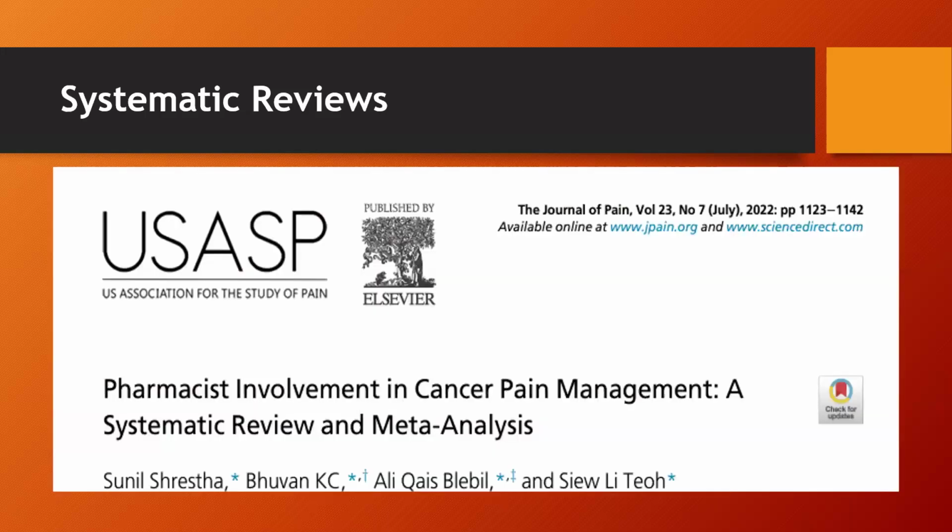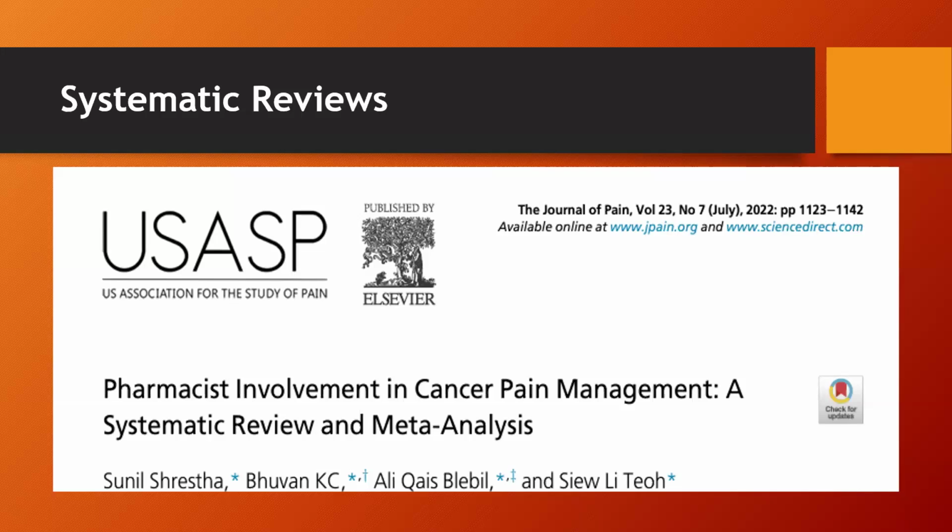In the next slide, I'm giving one example of the systematic review and meta-analysis that I have done in my PhD. Here, my research question was: what is the involvement of the pharmacist in cancer pain management? So here I defined the protocol. I predefined the protocol and submitted it to PROSPERO.